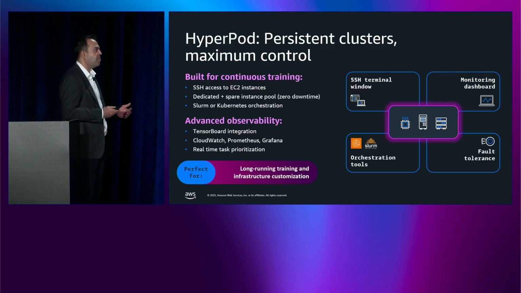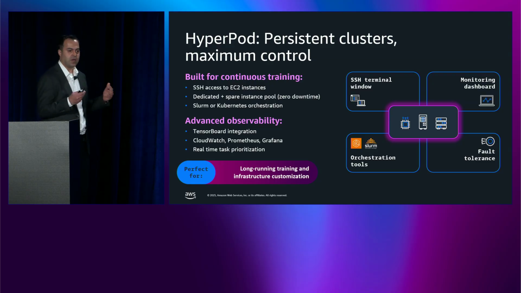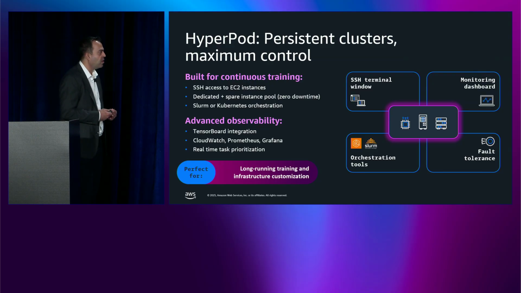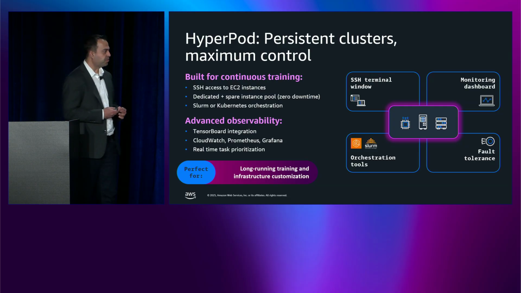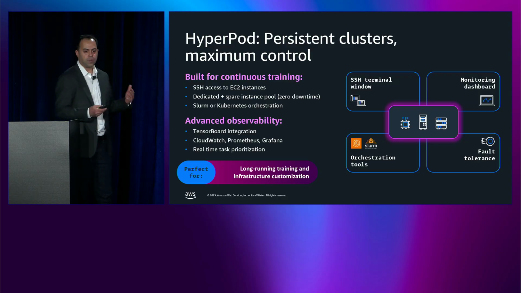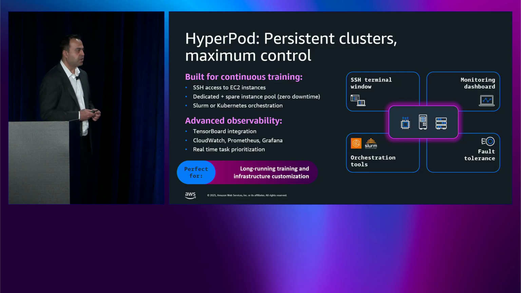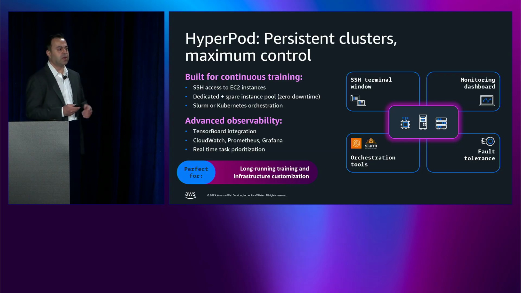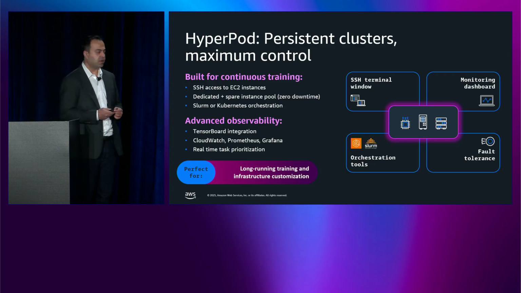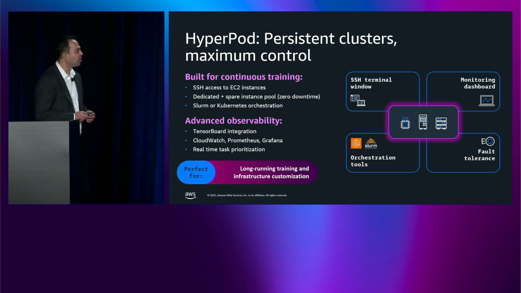In addition, Hyperpod is integrated with tools such as SageMaker TensorBoard, as well as provides capabilities for real-time scheduling and prioritization of your training jobs. Also, it has built-in fault tolerance, so it's able to recover from failures quickly, which we'll talk a little bit more about in the next few minutes.